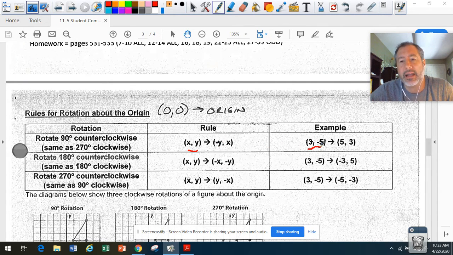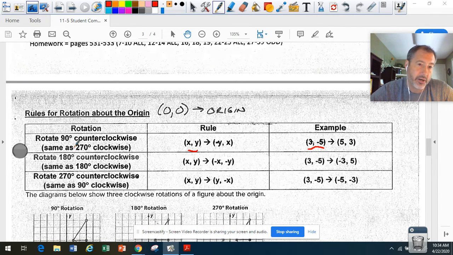If this is my original location of a point, which is 3, negative 5, and I want to rotate that point 90 degrees counterclockwise or 270 degrees clockwise, then it says switch the X and the Y, but then do the opposite of the Y. The original Y was negative 5, so that makes it now positive 5. So it becomes 5, 3.